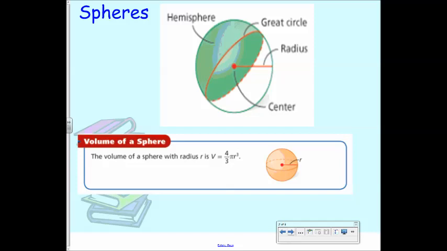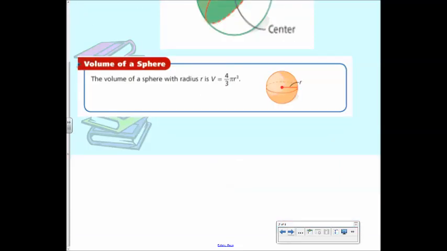The volume of a sphere with a radius of r, the equation for volume is 4/3 pi times r cubed. So the volume of a sphere, your only measure that you need is what? Your R. All you need is your radius. All right, so if you know your radius, then you can plug that into this formula and figure it out.